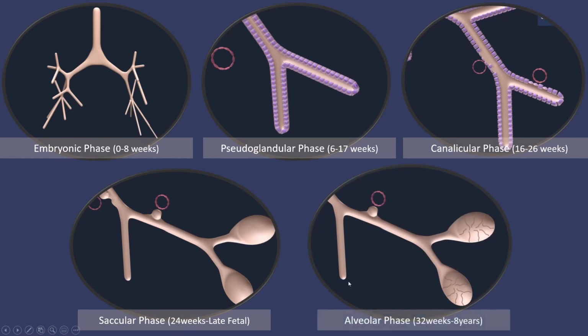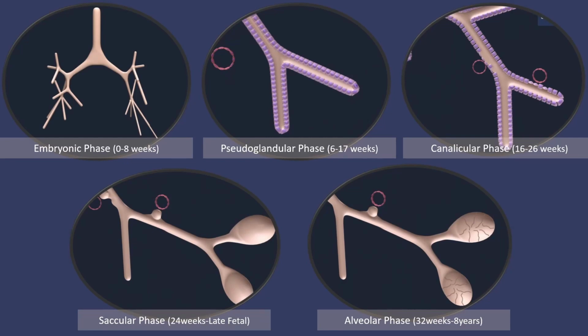And then there is the alveolar phase, in which the previously formed alveoli are subdivided into more and more alveoli, and mature alveoli are formed. Also remember that in this phase there is remodeling of blood vessels and surrounding connective tissue as well, and this starts from the 32nd week of development and continues till 8 years postnatally.